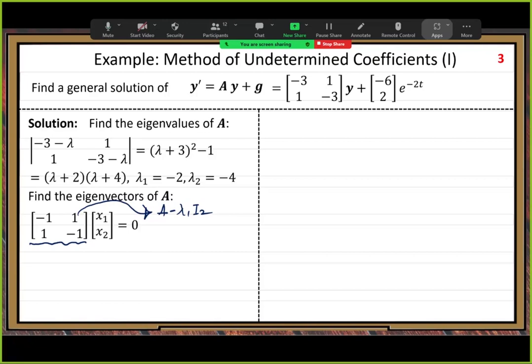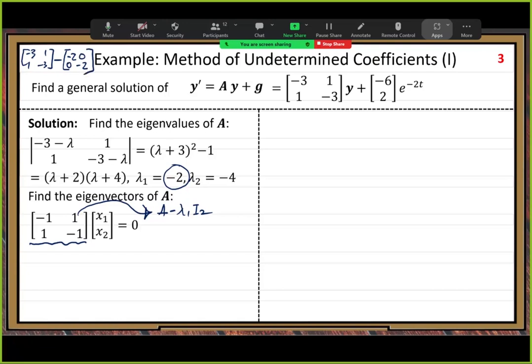Capital A matrix, that is right here in this corner: 1, 1, minus 3. Then λ1, which is minus 2, times the identity. We know the identity matrix has 1 on the diagonal, but you multiply by minus 2, so you put a minus 2 on the diagonal.